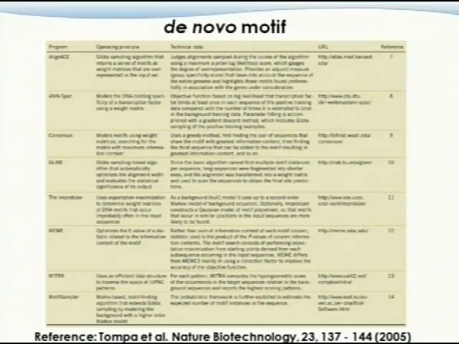because most of those algorithms were developed not for ChIP-seq level data. With ChIP-seq we get thousands or sometimes 10,000 enriched regions, and those algorithms probably handle up to a few hundred fragments, and that will be fine.